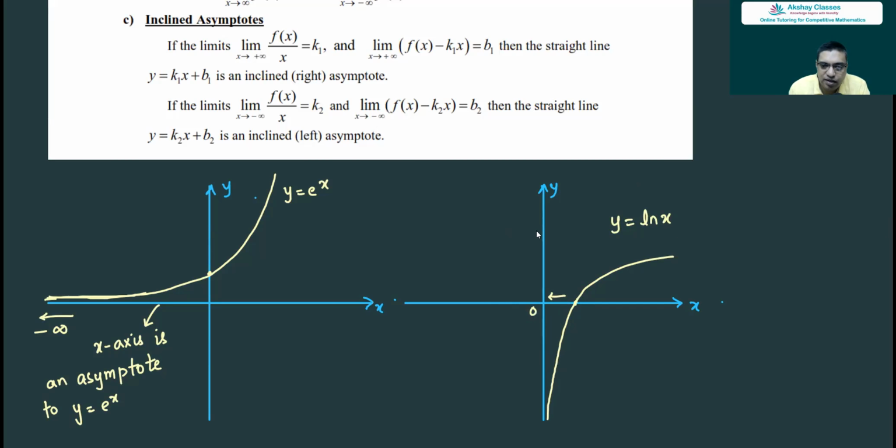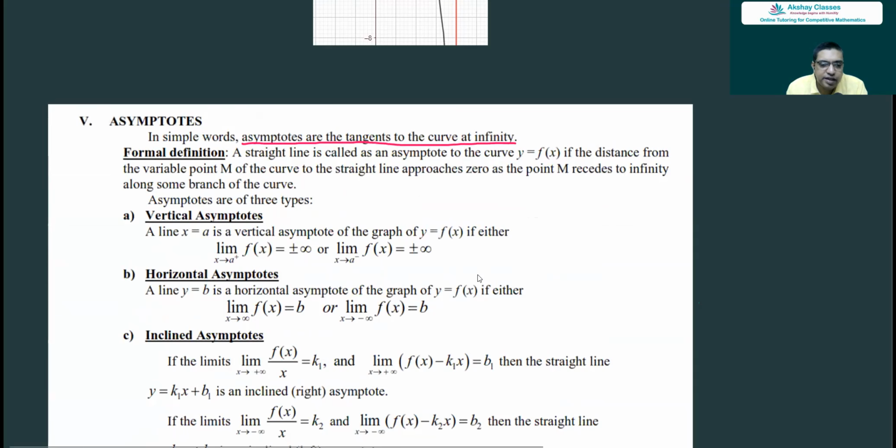So the y-axis is an asymptote to y equal to log x. Similarly, for tan x, the asymptote will be x equal to pi by 2. That will be an asymptote. Okay, so that's the concept of asymptotes.